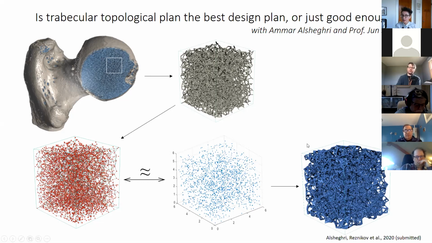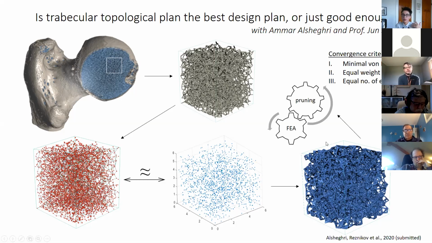So the biomimetic synthetic lattice would have exactly the same number of nodes, but the synthetic lattice would have 5 times more edges. And then this lattice was run through iterative optimization cycles of loading in 3 directions.